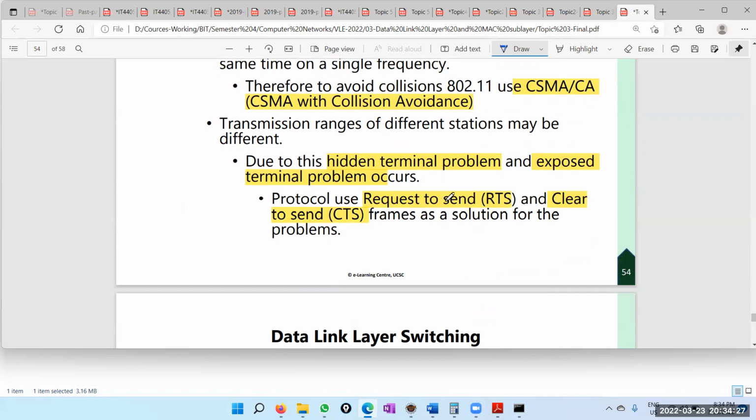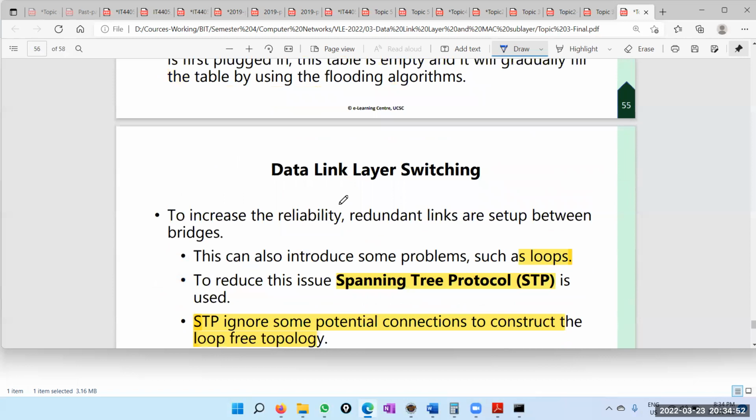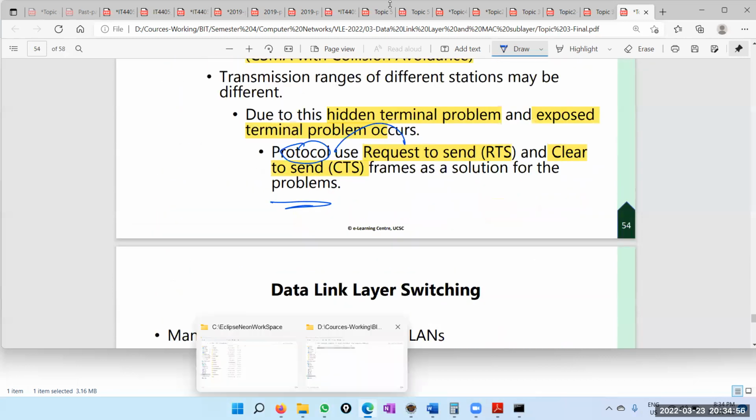Protocols use request to send and clear to send frames as a solution for the problem. Actually, it is not a protocol, so they can use these concepts. Protocols use the request to send and clear to send frames as a solution for this. Are they mentioning a particular protocol? No. Okay. Now, what is the question asked?